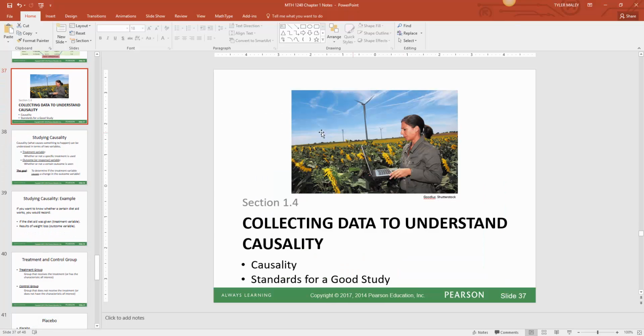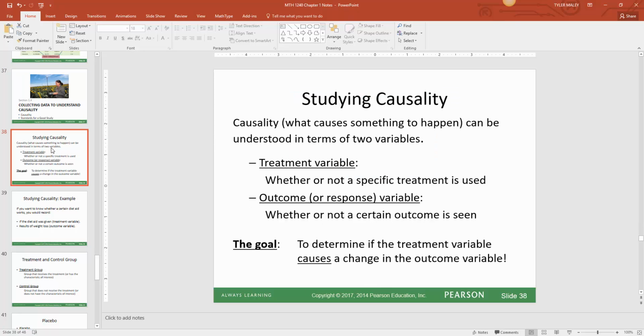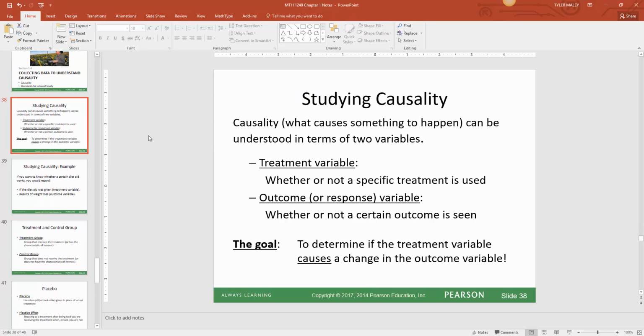So then the last section, 1.4, talks about collecting data, understanding causality, and also standards of a good study. So, studying causality. Causality is what causes something to happen. It can be understood in terms of two variables.